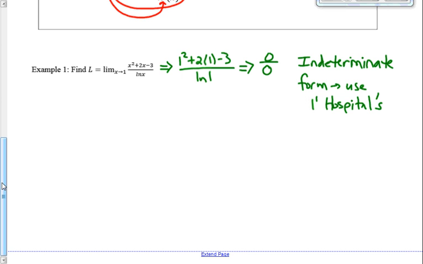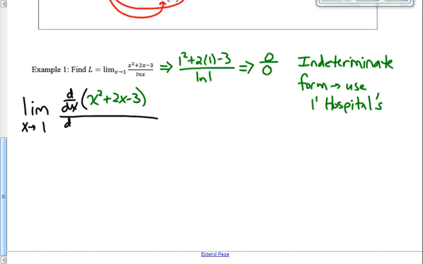So once I get started, I'm now going to do the limit as x approaches 1 of the derivative of the top all over the derivative of the bottom. And again, it's not a quotient rule, it's the derivative of the top and the derivative of the bottom.